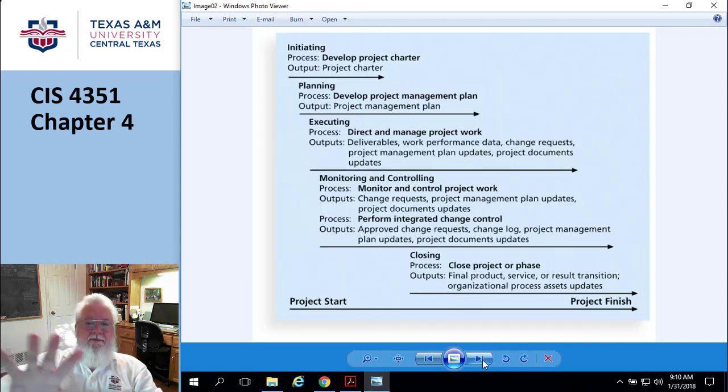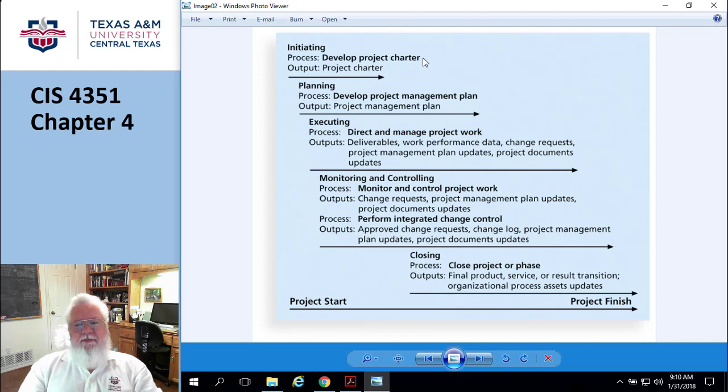So this is their kind of shortcut view of what this chapter is all about. So there's going to be an initiating group, and under that, one of the tasks you're going to have to do is develop the project charter. And this, of course, requires working with the stakeholders and things of that nature. So the output of this is you're going to end up with a project charter.